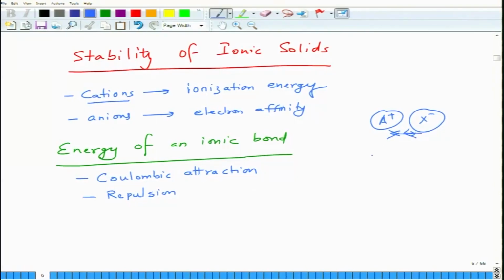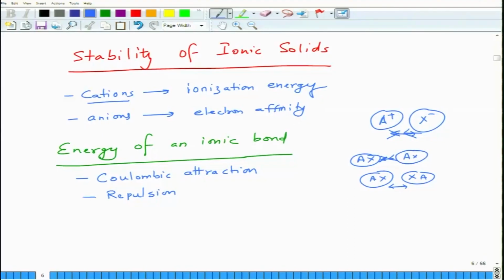But suppose you have an AX molecule and another AX molecule in the vicinity. If it was in this position, it will have a tendency to attract. Suppose the neighboring molecule was oriented in such a fashion that an X comes closer. This will have a tendency to repel.